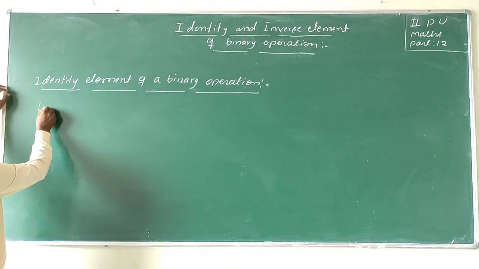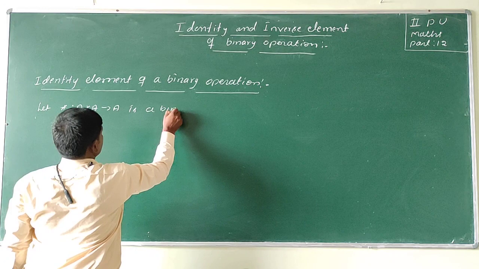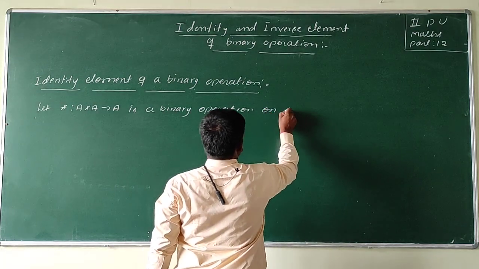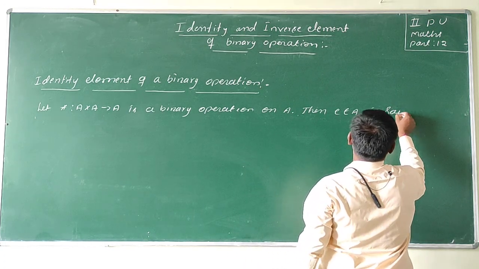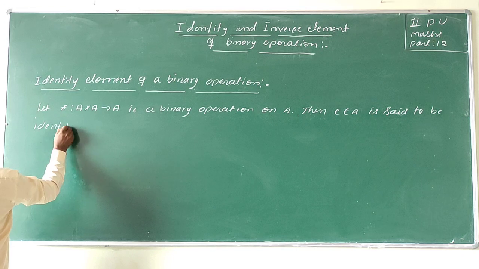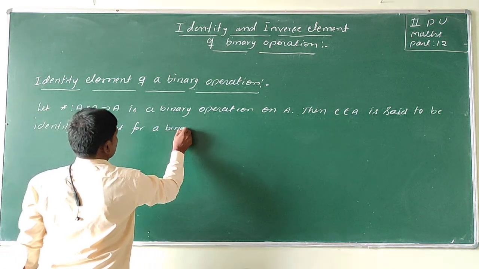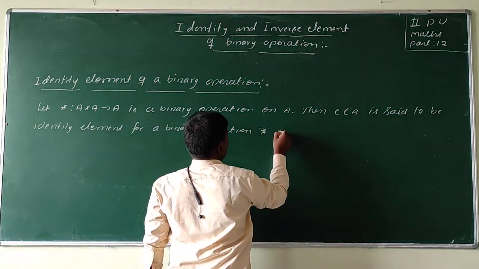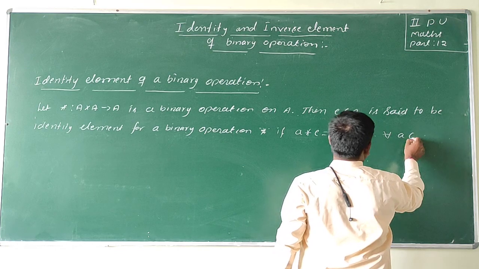Let star be a mapping from A cross A to A, a binary operation on A. Then E in A is said to be an identity element for the binary operation star if A star E is equal to E star A is equal to A for all A belongs to A.